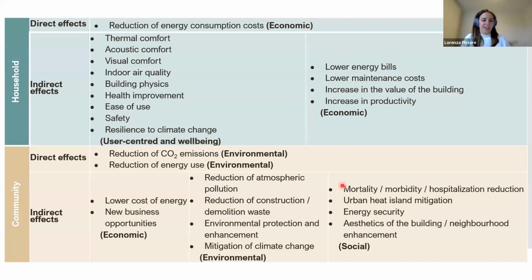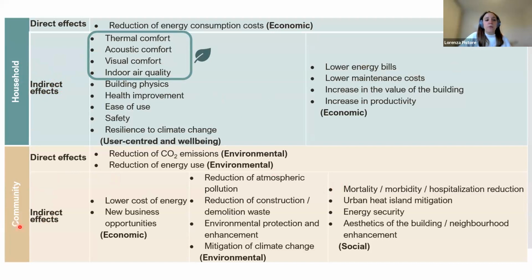Here, I just give you an example, but then I will put the reference for you if you're interested in this topic. So, for example, if we look at the indirect effects at the household level, of course, we see thermal comfort, acoustic comfort, visual comfort, and indoor air quality.